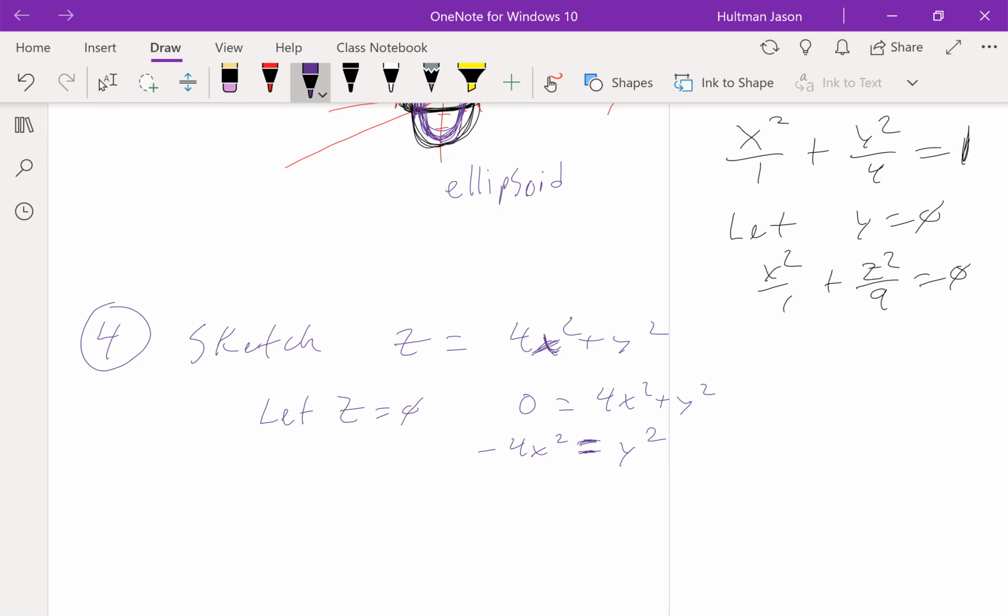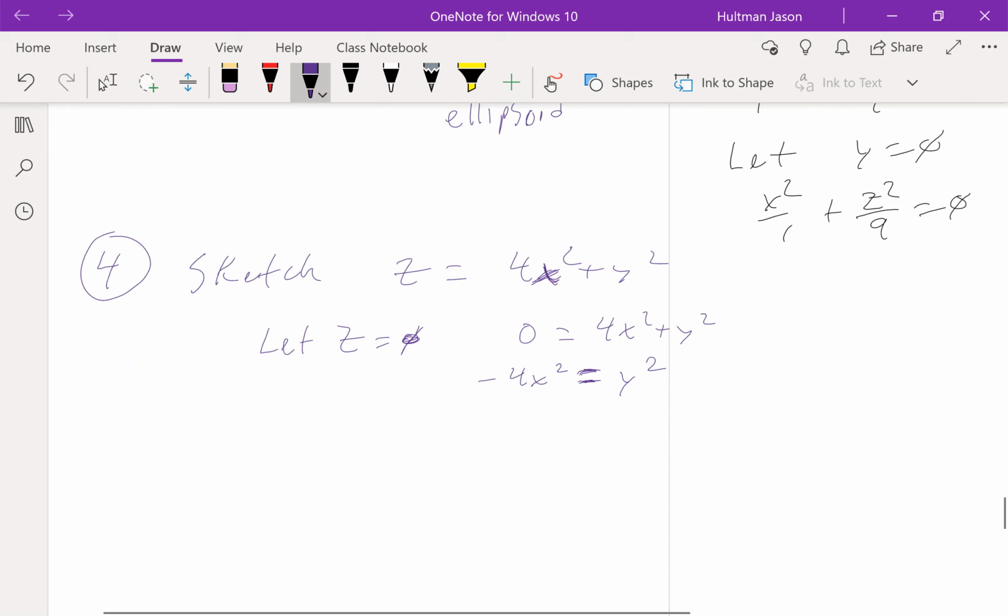That's kind of weird. So we could try to solve for y. The only problem is that we can't. So let's not use z equals 0. Z equals 0 is too weird. There really is nothing at z equals 0 because you're going to get an imaginary number. You're going to get imaginary values at z equals 0.